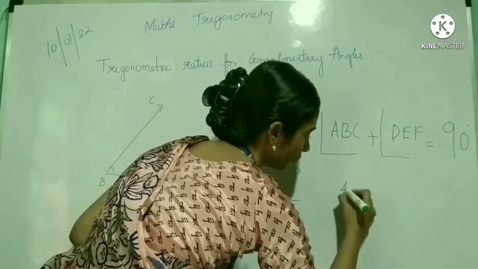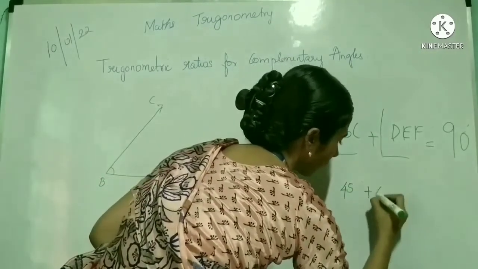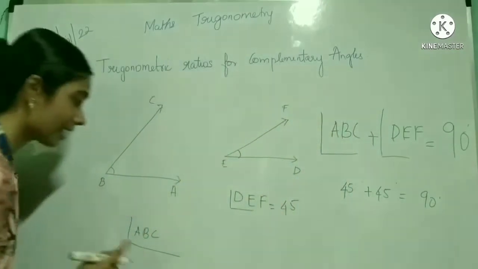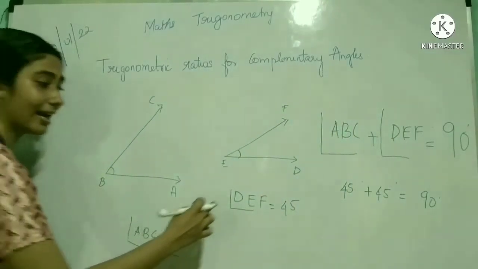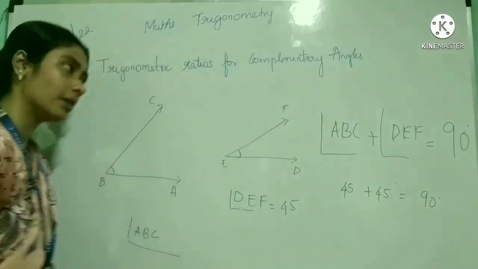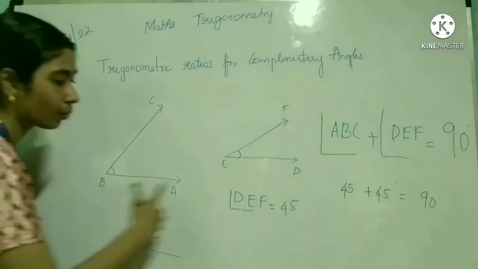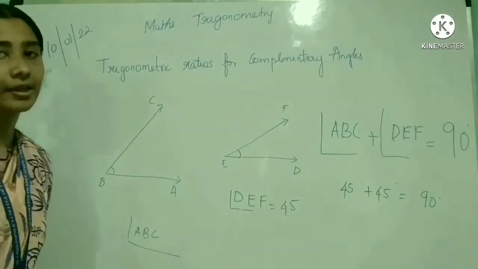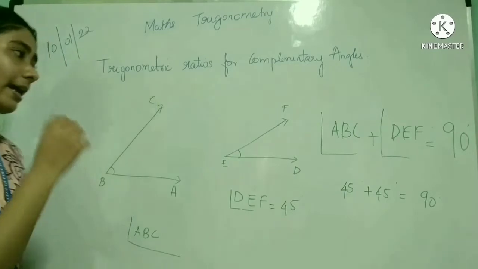Add பண்ண எவ்வளவு, 45 degree plus 45 degree is 90 degree. This means angle ABC and angle DEF are complementary angles. Yes, sum of the two angles should be 90 degree. If it is 90 degree, we call them as complementary angles.